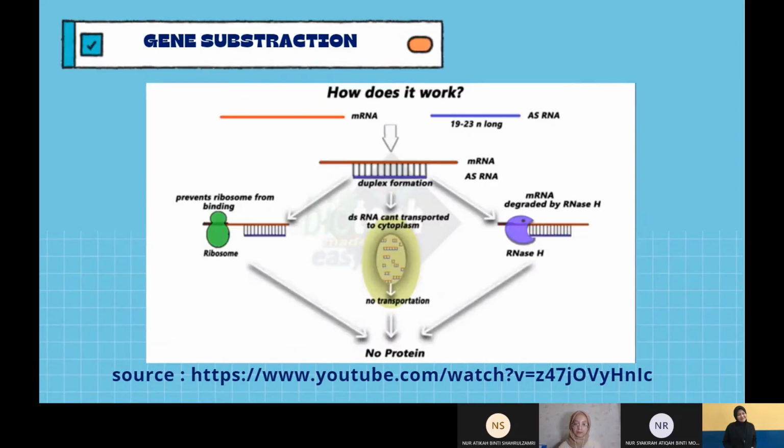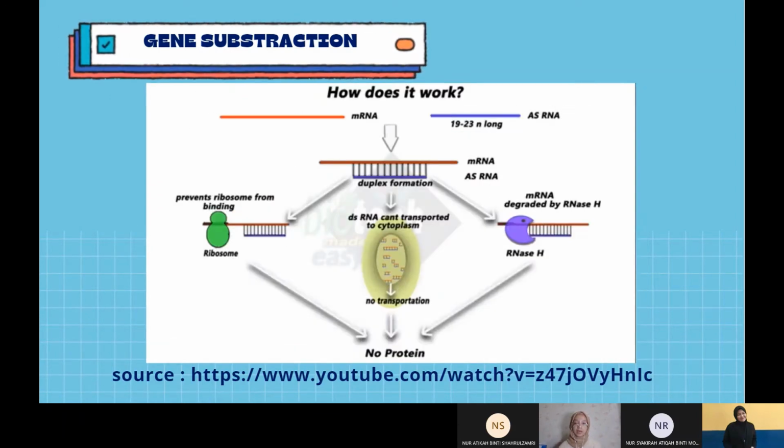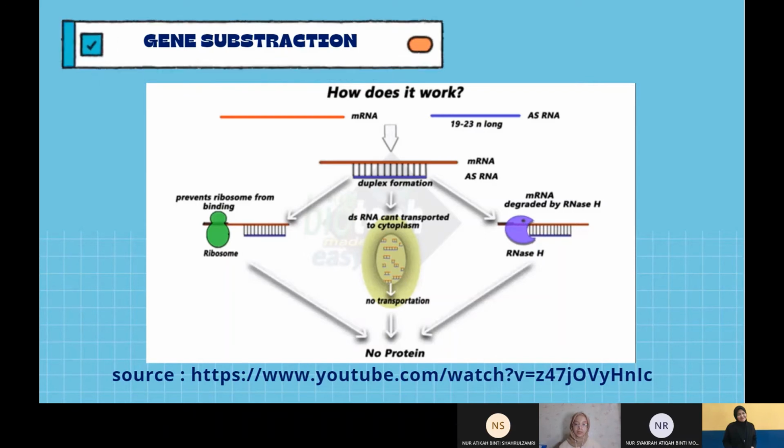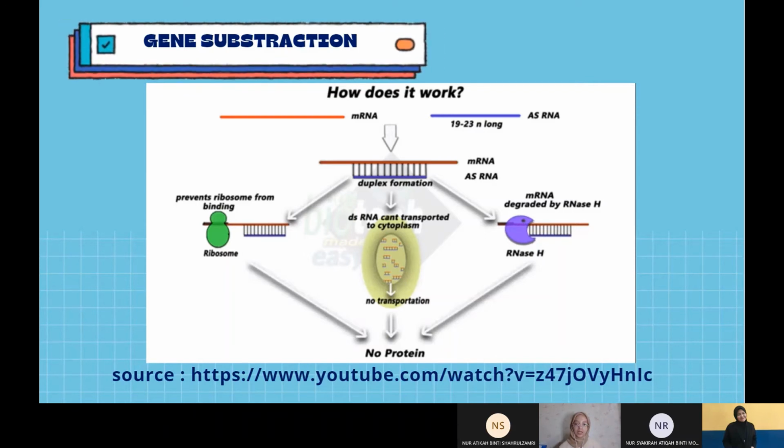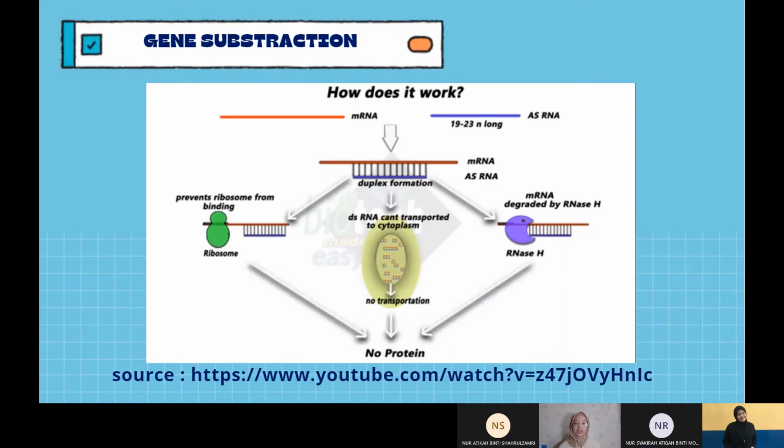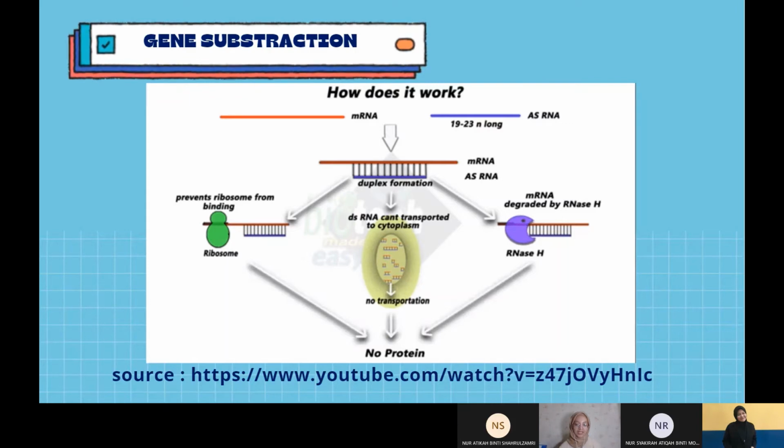When the mRNA and antisense RNA form the duplex, they will prevent the ribosome from binding. Double-stranded RNA can be transported to the cytoplasm, and the mRNA will be degraded by RNase H. When this event occurs, there will be no protein production.